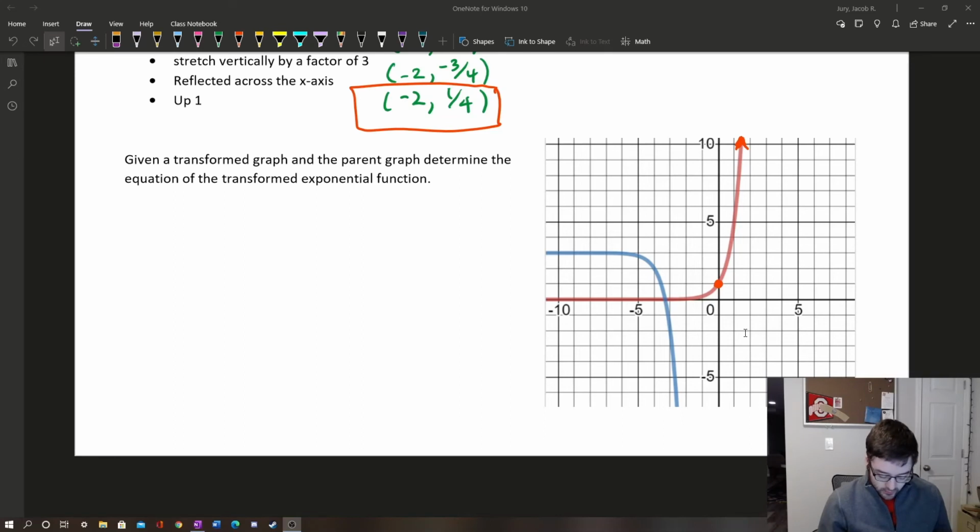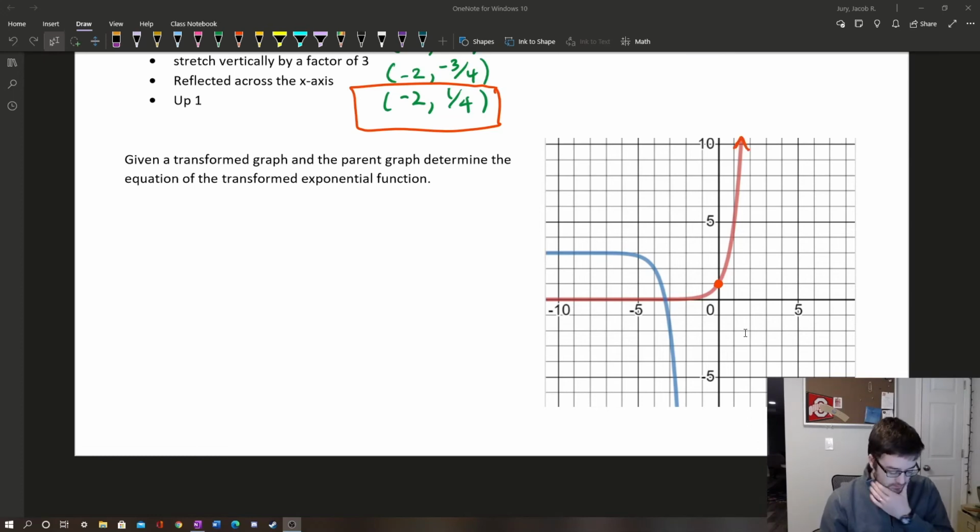However, when it's transformed, that point at 0, 1 gets moved, and the horizontal asymptote gets moved as well. So if you have forgotten about exponential equations, know that that's always going to be true in exponential graphs.